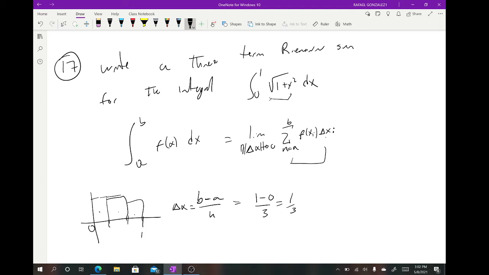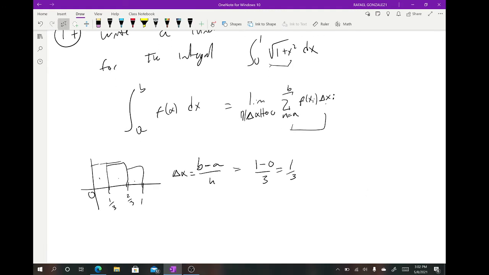Now the height of the rectangles is given by the function evaluated at either the left point, the right point, or the midpoint. This is 1/3, this is 2/3, and this is 3 over 3. So you have choices here.